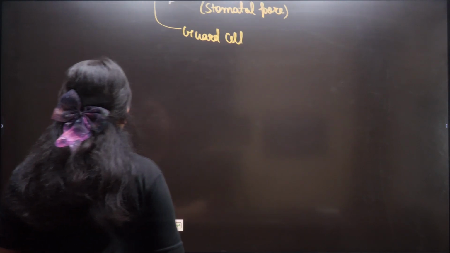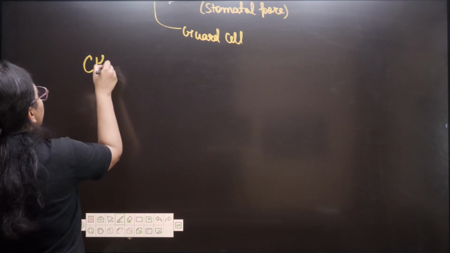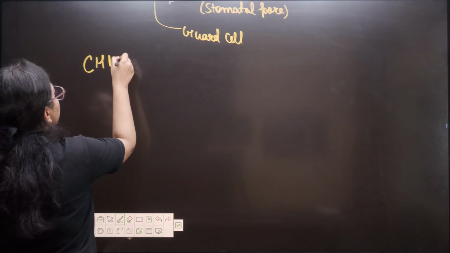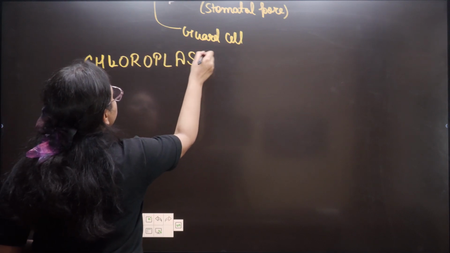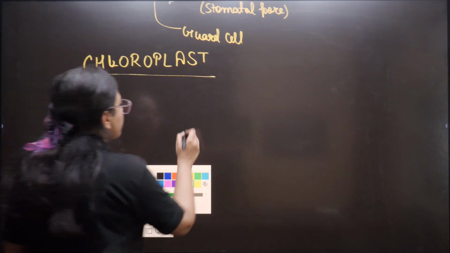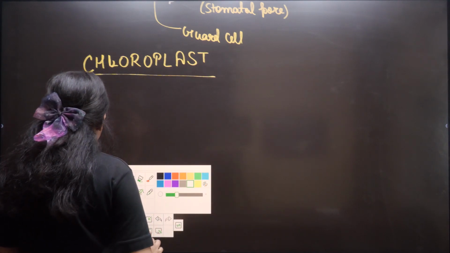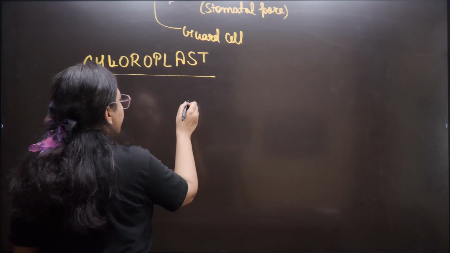Next diagram is chloroplast. You need to understand the structure first. Chloroplast is a double membrane figure.